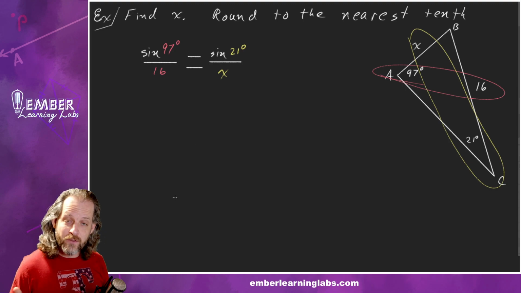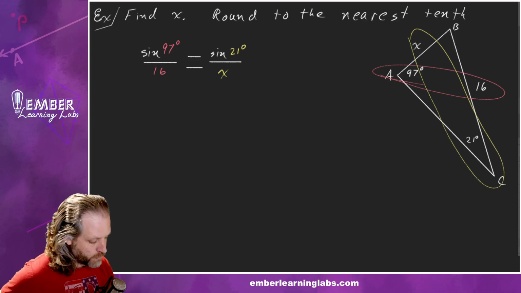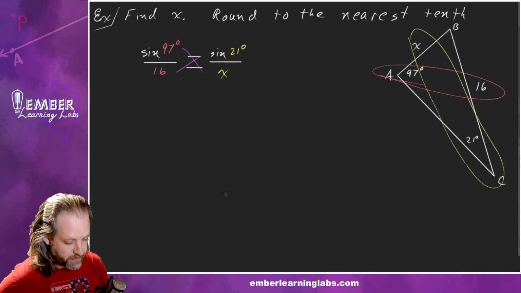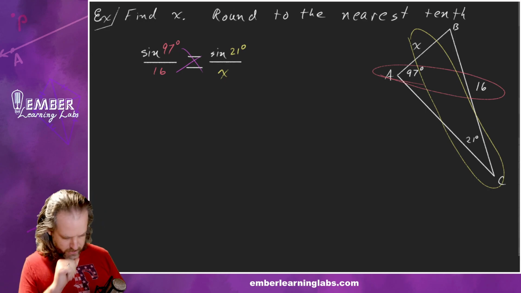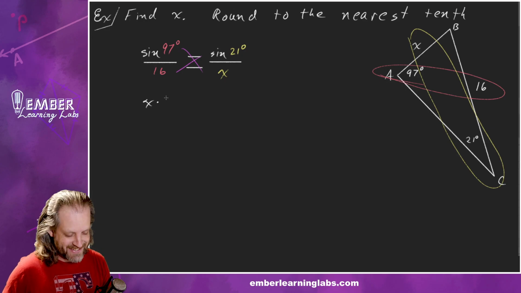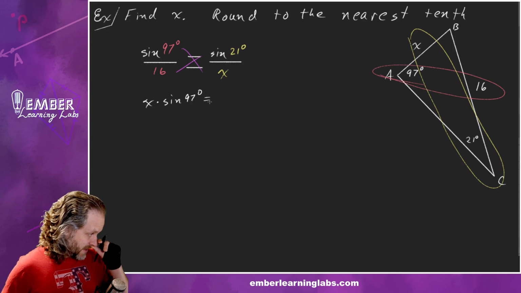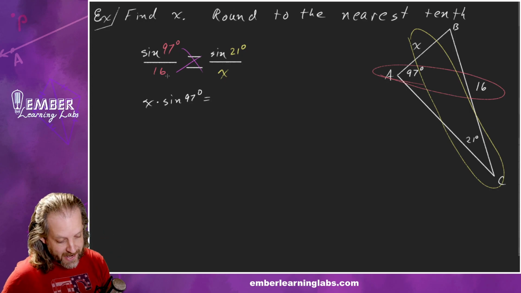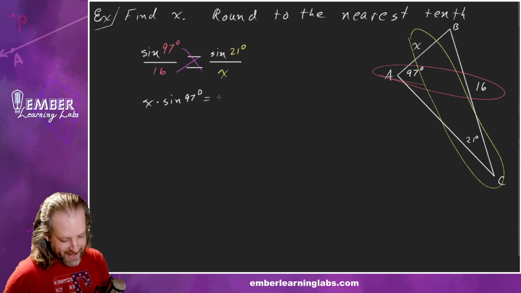And now we can solve this like we'd solve any other proportion. Easy peasy at this point. We're going to cross multiply and divide. So the sine of 97 degrees times x is x times the sine of 97 degrees. And for the sake of keeping things exact, 16 times the sine of 21 degrees is 16 times the sine of 21 degrees.